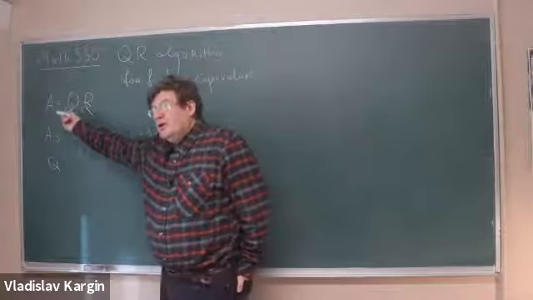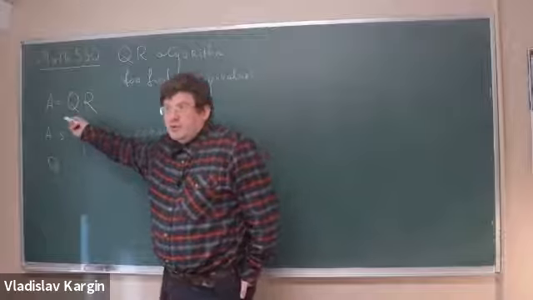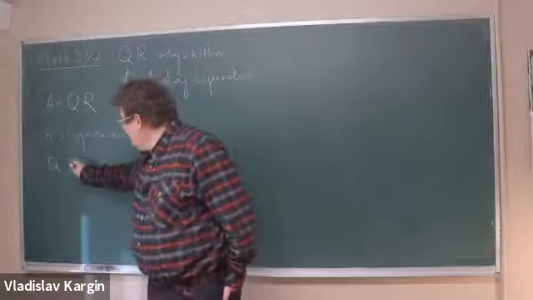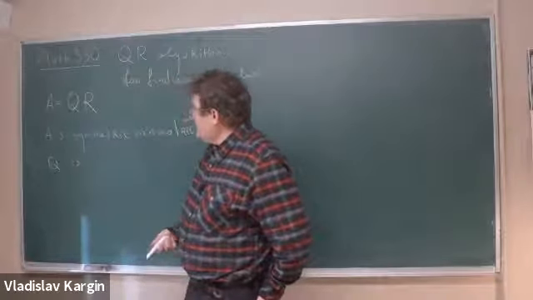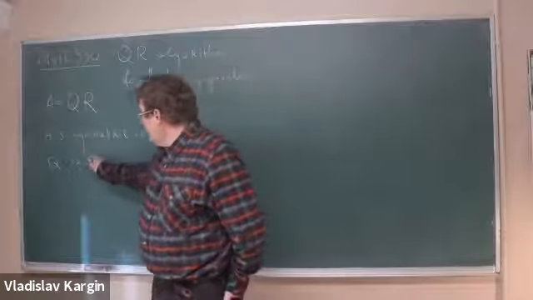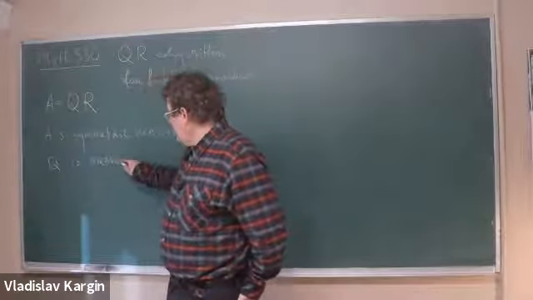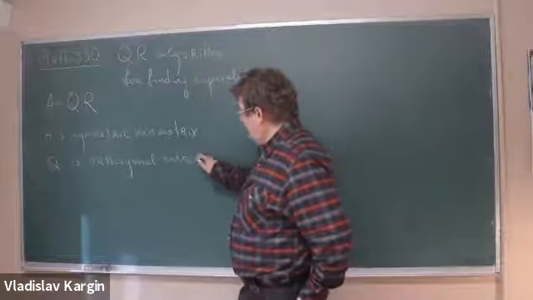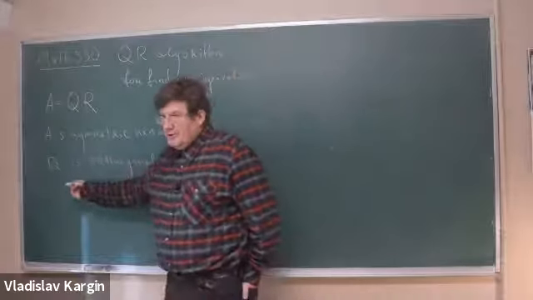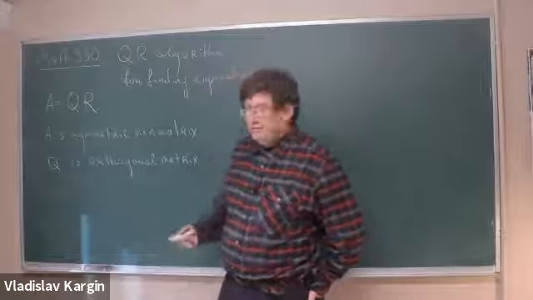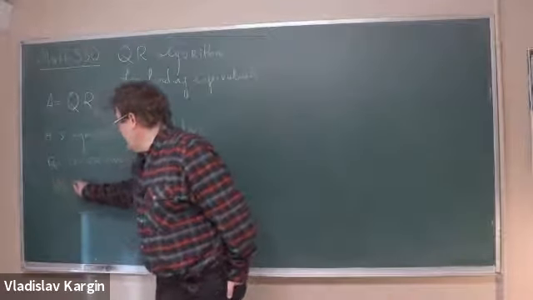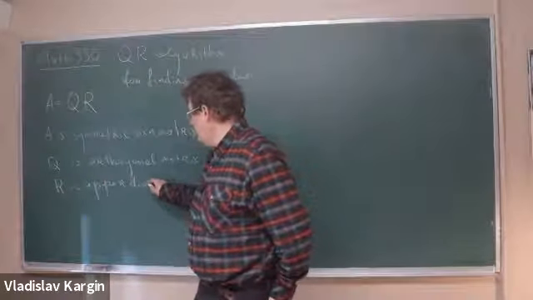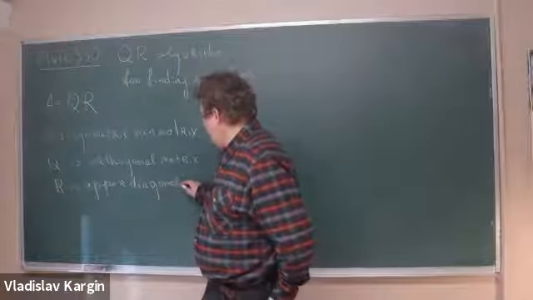So again, Q and R, it's in general applied to any matrix, not necessarily symmetric, not necessarily square. But if the matrix A is square, then Q is an orthogonal matrix. And so Q star Q is equal to identity, and Q Q star is equal to identity, and R is upper triangular.